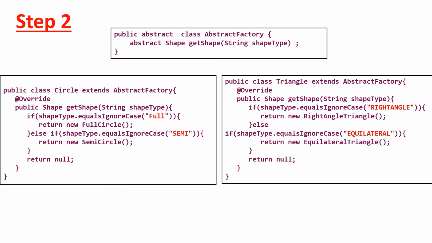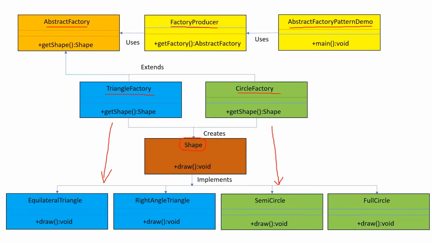So the second step in this is we have to create an abstract factory. So this belongs to which block in this figure? This is the one, this abstract factory which we are creating in step 2. So here you can assume that this is your step 2, and this I have created as step 1.